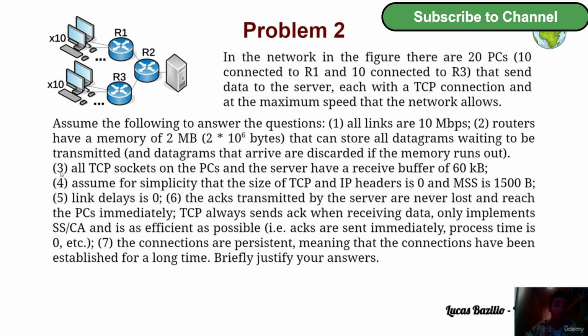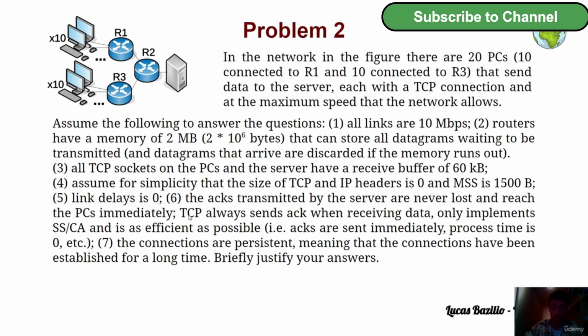Assumption 3: all TCP sockets on the PCs and the server have a receive buffer of 60 kilobytes. Assumption 4: assume, for simplicity, that the size of TCP and IP headers is 0, and the maximum segment size is 1500 bytes. Assumption 5: the link delay is 0.